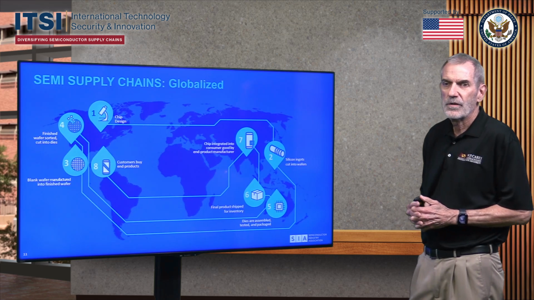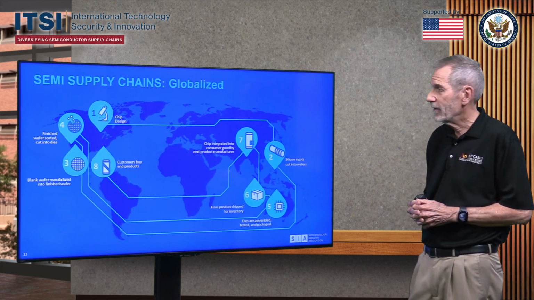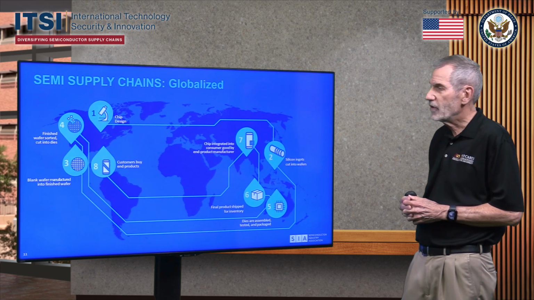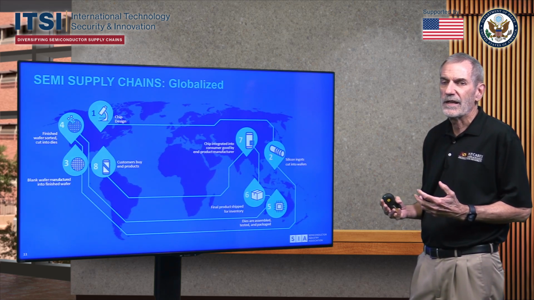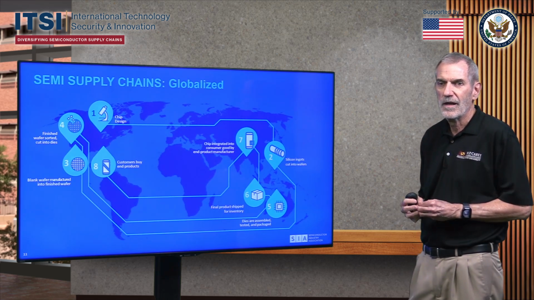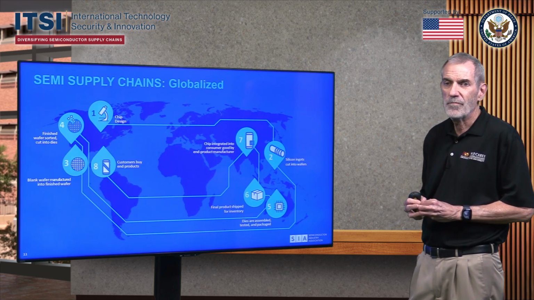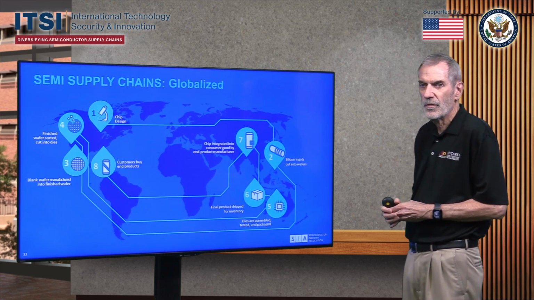All right, so this is a slide that I borrowed from our friends at SIA, the Semiconductor Industry Association, that really shows the semiconductor industry is very global, all right? And so even an individual chip that goes into some product that you made has probably been around the world and maybe more than once. All right, so this is going through a little bit of a typical flow.